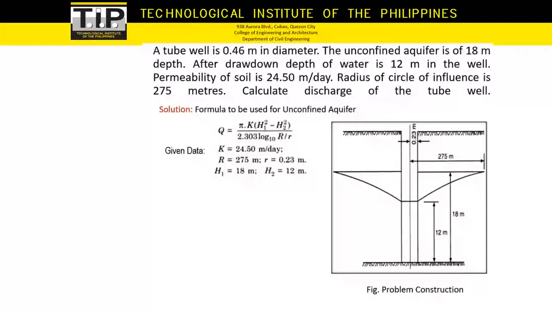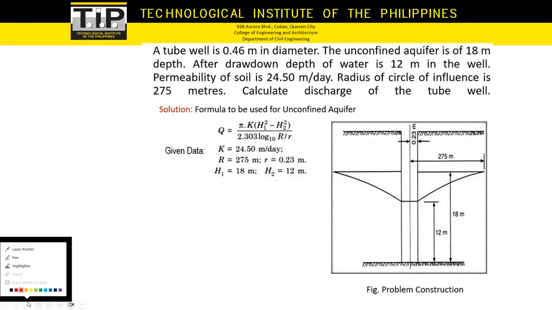Okay, so we are overtime a bit. Anyway, yes, it is like soil mechanics, correct. So, here we have a tube well with a diameter of 0.46, so of course the radius is 0.23.